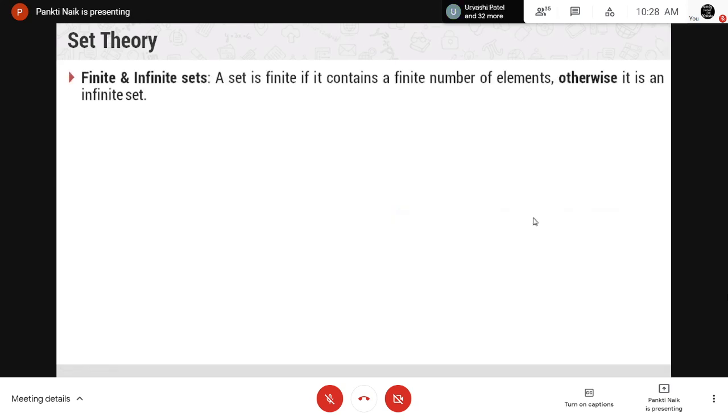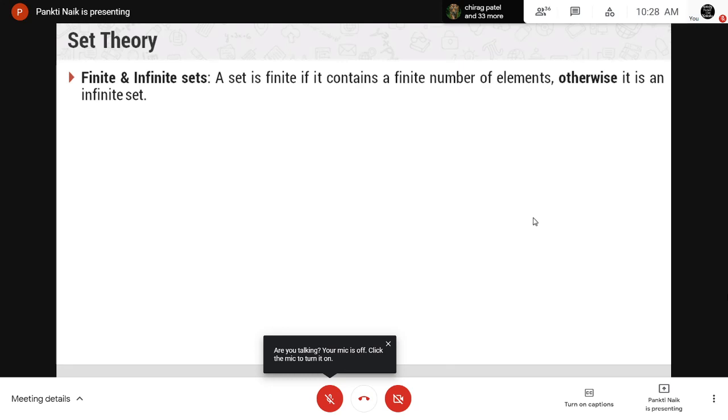Now, next is different types of sets. First is finite and infinite set. A set is finite if it contains a finite number of elements. Otherwise, it is an infinite set.